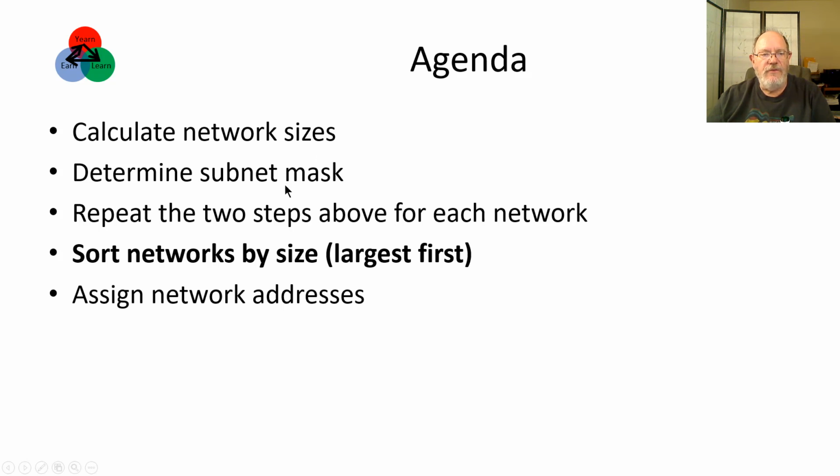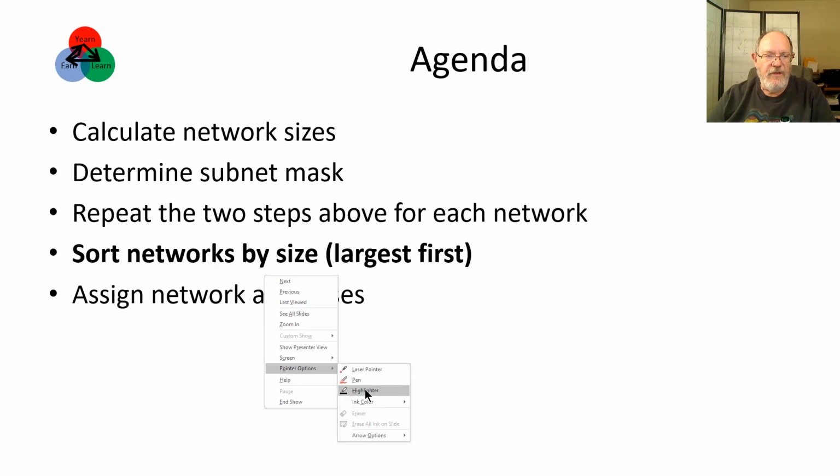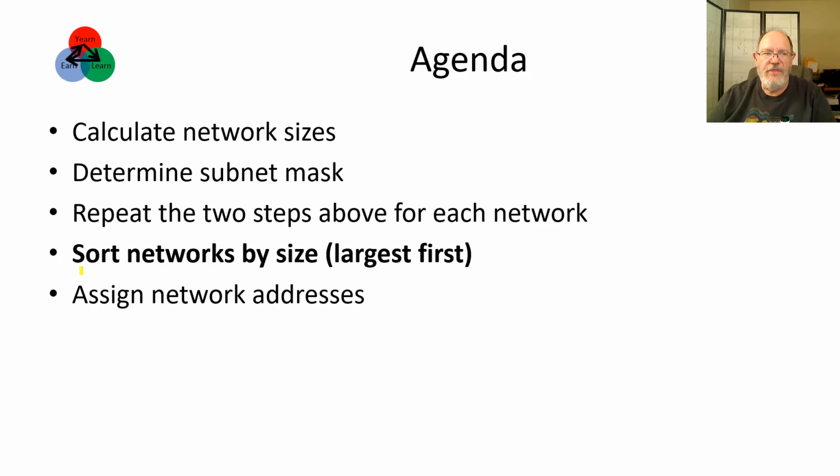Then you'll want to determine the subnet mask for each of those networks, for each and every one of the individual networks that make up your internetwork environment. But perhaps the most important thing you're going to do with that information about the number of IPs needed or the size of each network is to take that list and sort it with the biggest networks at the top and the smallest networks at the bottom.